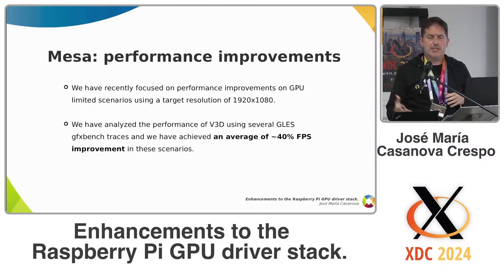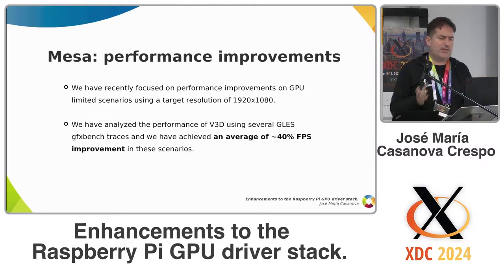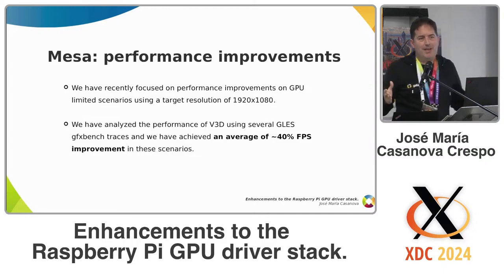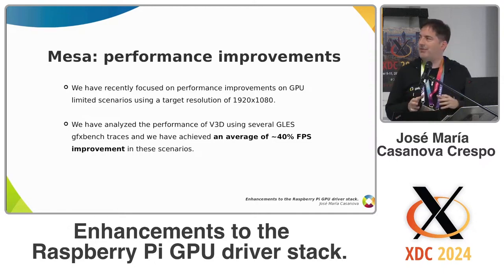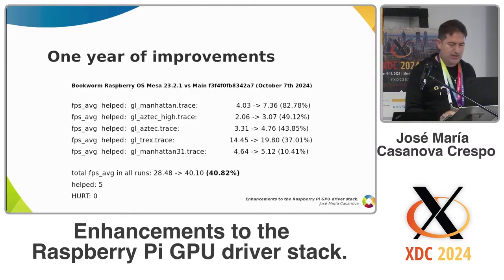on GPU-limited scenarios, using big target resolution, like full HD. In the case of the Raspberry Pi, full HD is big. And we have analyzed the performance on V3D using several GFXBench traces, and we achieved a performance improvement of around 40% in these scenarios.